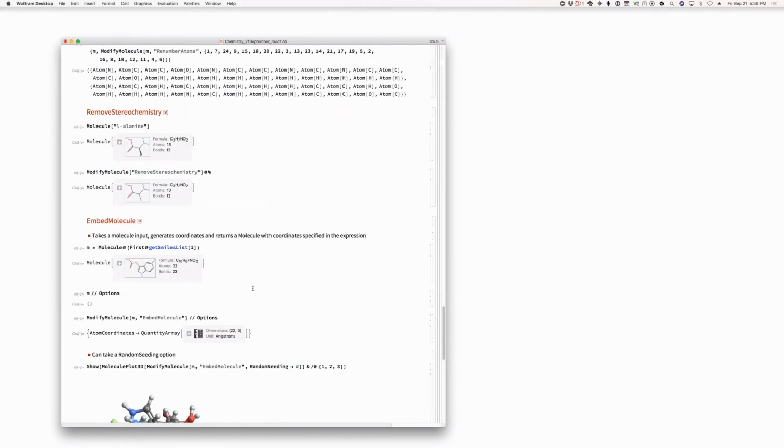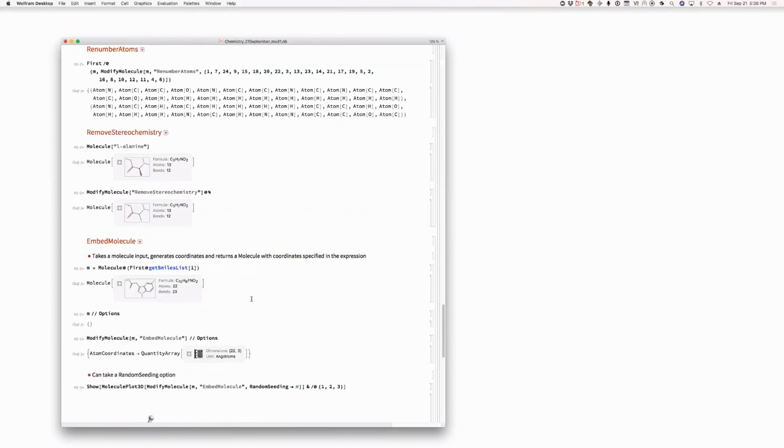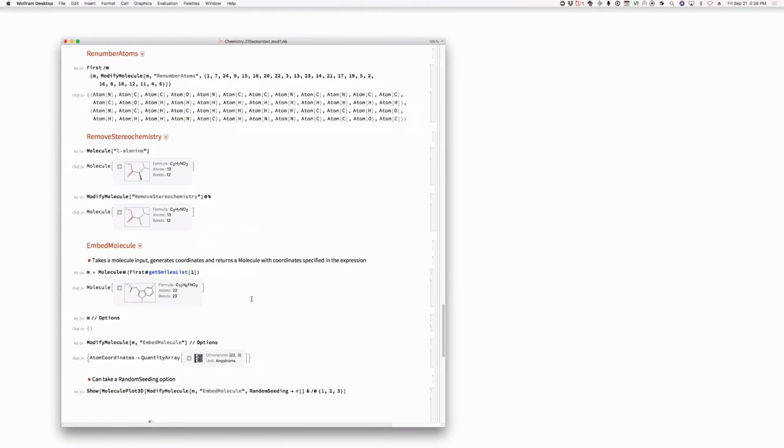What is this? Generates coordinates and returns a molecule with coordinates specified. Can you explain it? You take a molecule where the atom coordinates are automatic. It returns a molecule with the automatic coordinates filled in. Why don't you call it set atom coordinates or something?